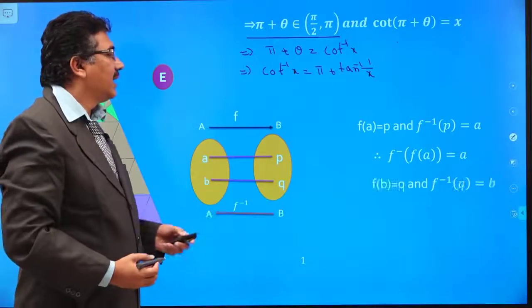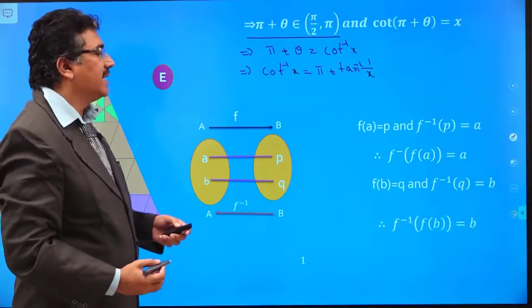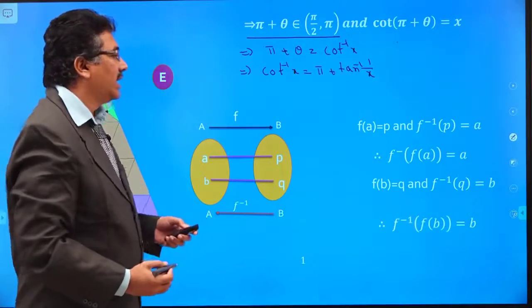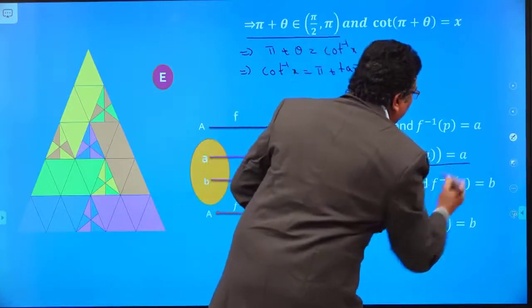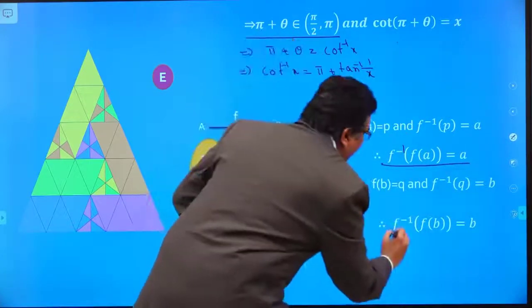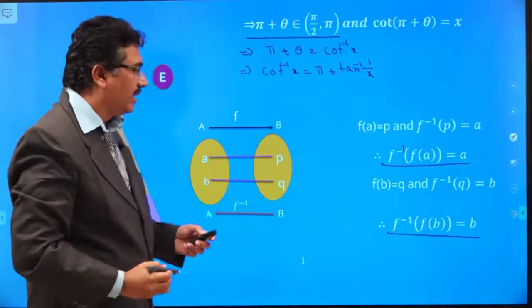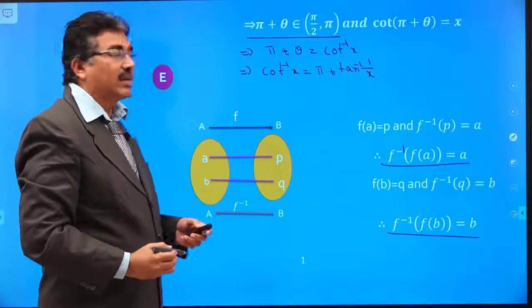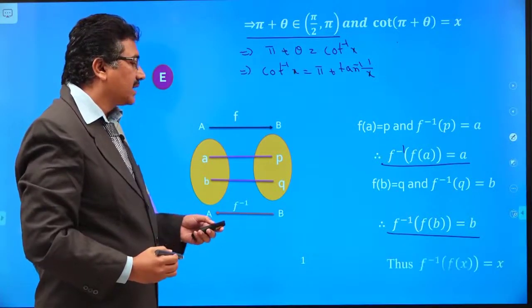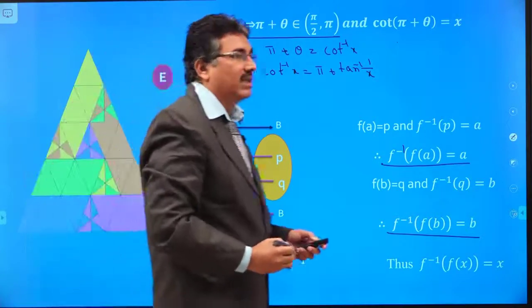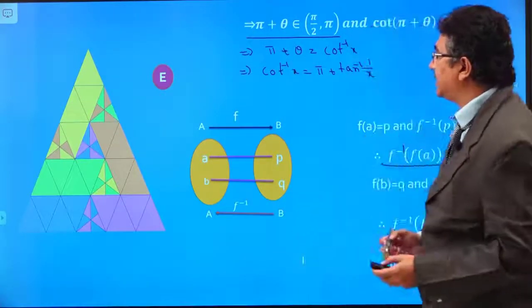Similarly, f inverse of f of b is equal to b. From this we conclude that f inverse of f of x is equal to x.